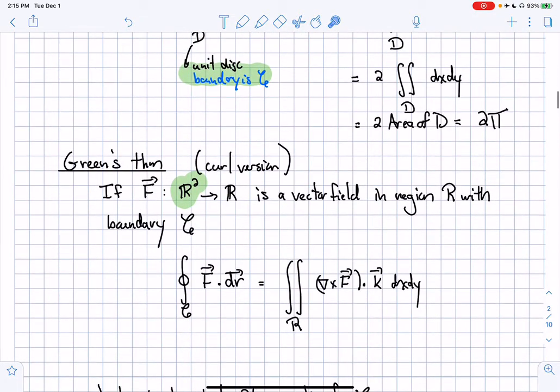So here's Green's theorem. If I have a vector field in the plane, so that's the plane version. I'm going to talk about the space version next week.